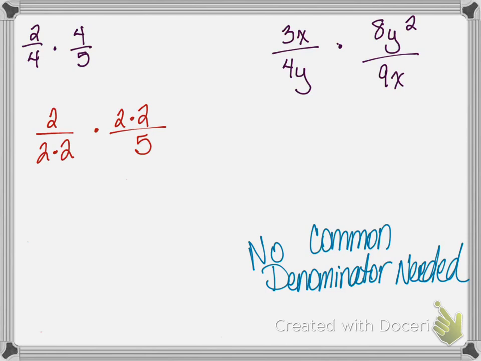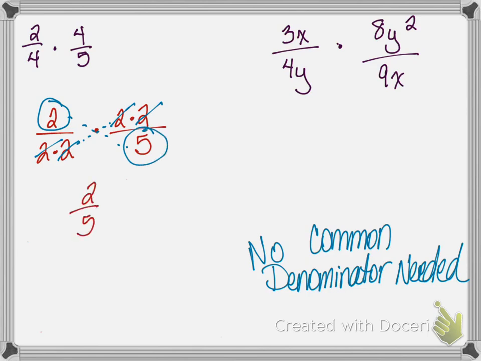Okay, now, if it's in the numerator and it's in the denominator, I can cancel it out. A lot of students call this cross-canceling. So I'm going to look right here first. Okay, I've got 2 and 2, and then I've got 2 and 2. So those cancel. I'm left with a 2 in the numerator and a 5 in the denominator.